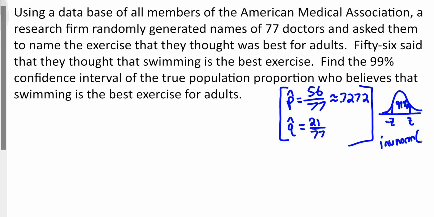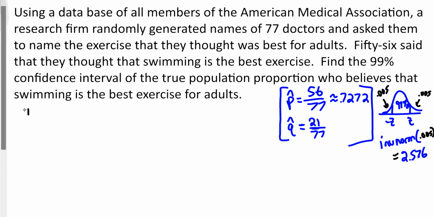Or you can just put what would be in the ends, which would be 0.5%. So you can put 0.005 in there, and it'll give you everything to the left of whatever your z-value is. You end up getting a z-value of 2.576. If you use your z-table, you can get it to 2.58, and that would be just fine. Now, let's go through the steps.